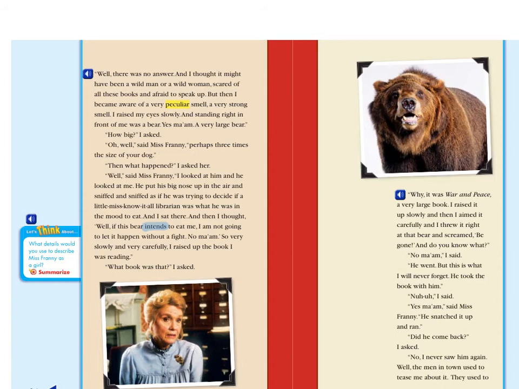So I'm noticing it says, well, if this bear intends, and then here's the clue, to eat me. Okay, so I'm thinking intends, a synonym might be the word plan. Let's plug it in and see if it makes sense. Well, if this bear plans to eat me, I think so. I'm thinking that might be it. So intends means plans, and our clue that helped us was to eat me.